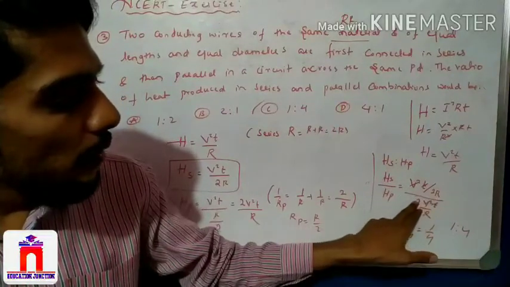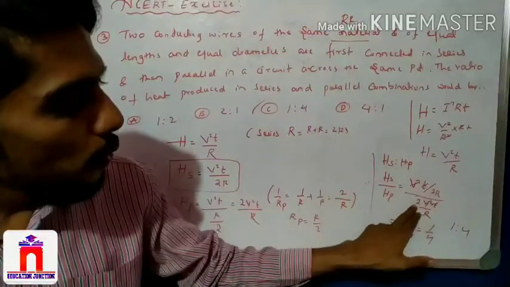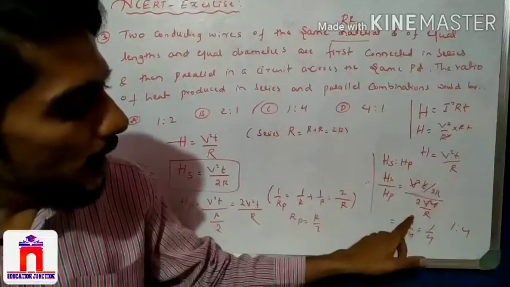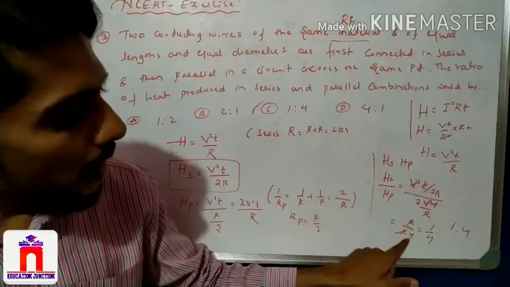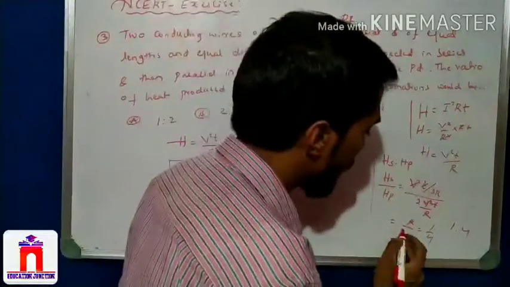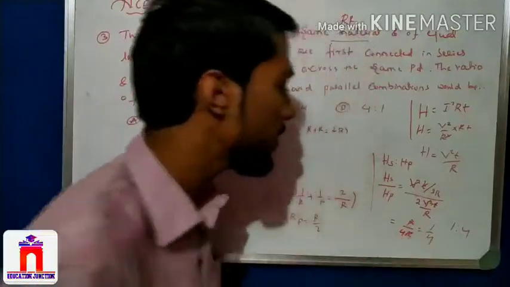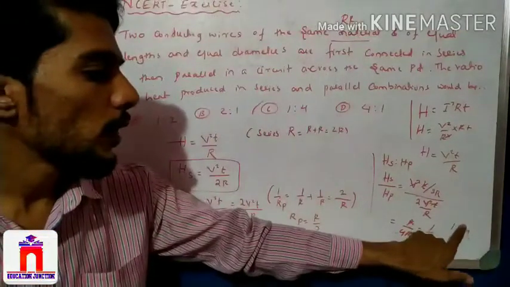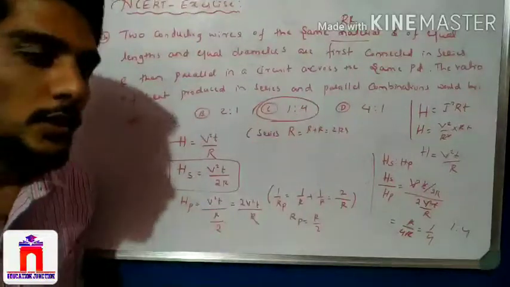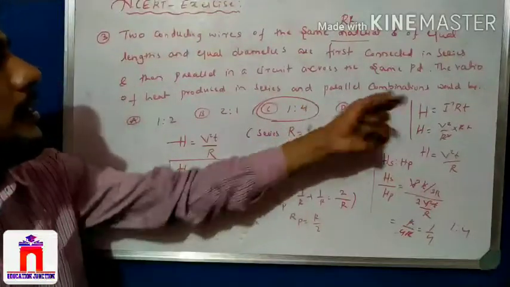This R comes here, so 2R into 2 means 4R, then R cancels, and we get 1 by 4. So the answer is 1:4. This is how to solve this ratio problem.